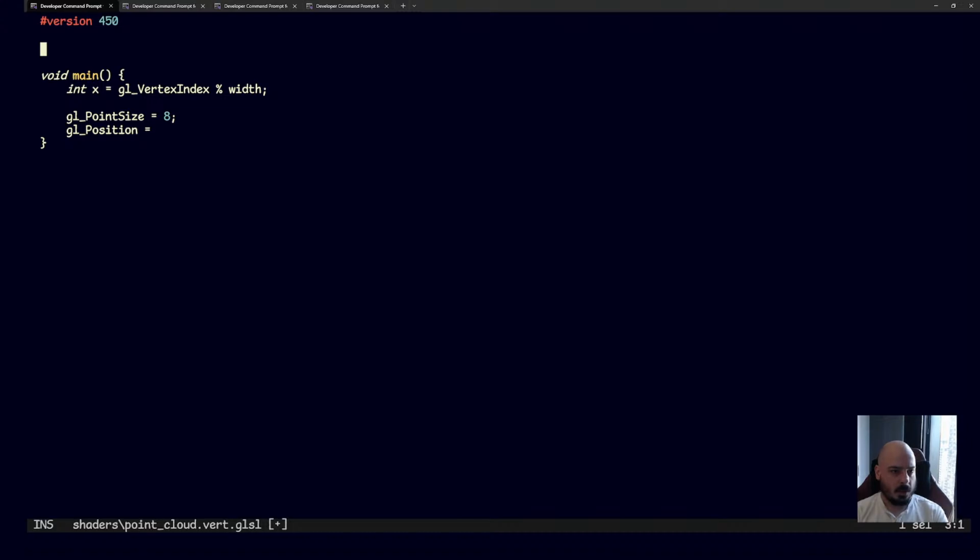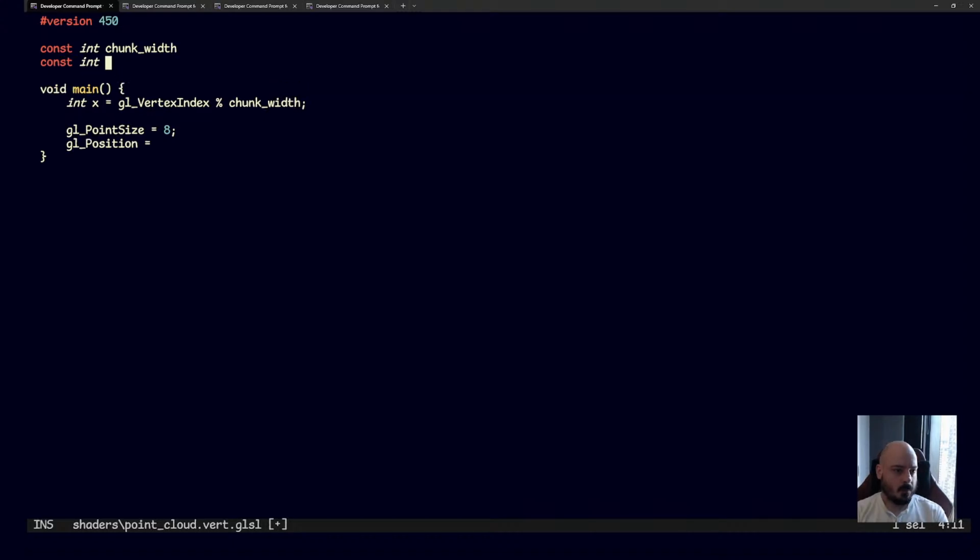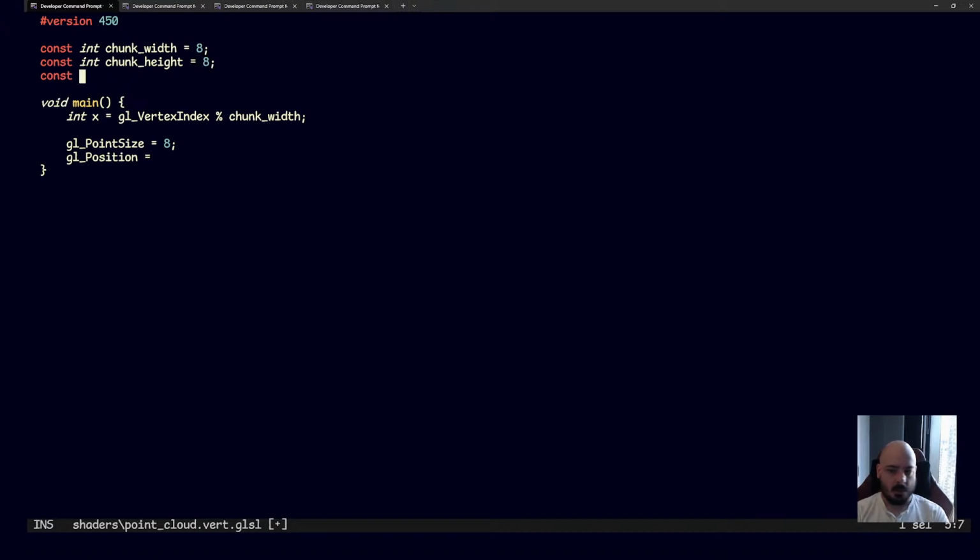So we're going to actually have const int chunk width, or maybe chunk width. Chunk height. These are all going to be 8 at the moment. I might change them to something larger later. Chunk depth is going to be 8 as well.